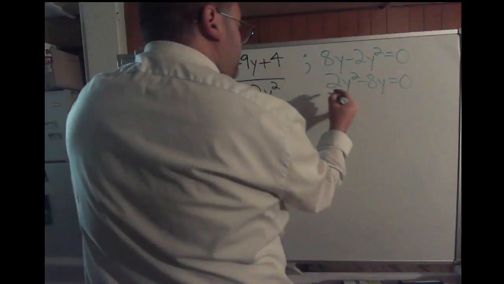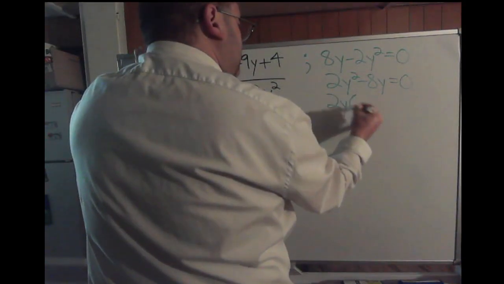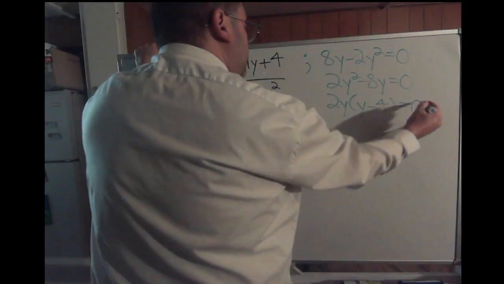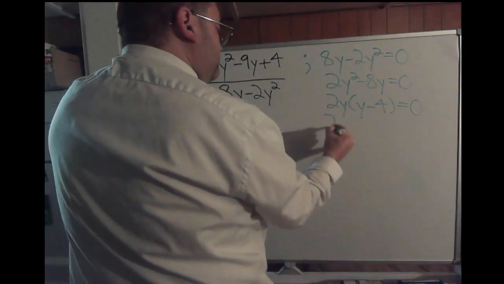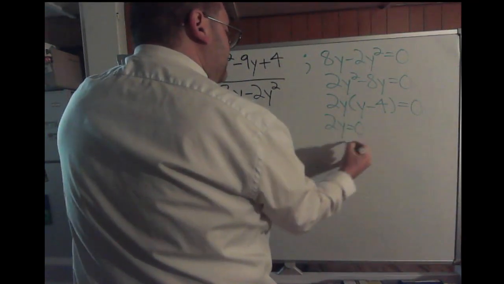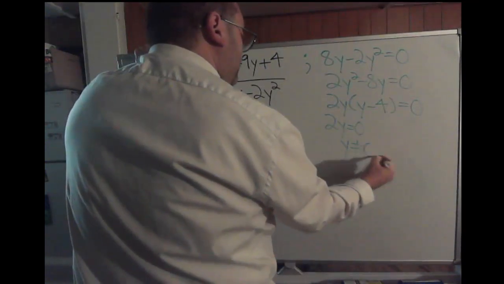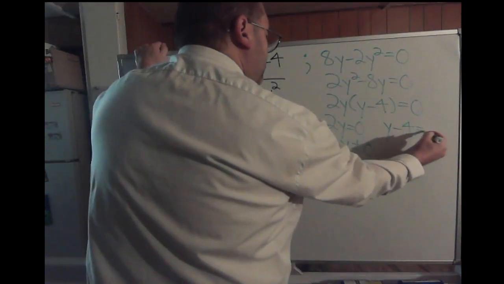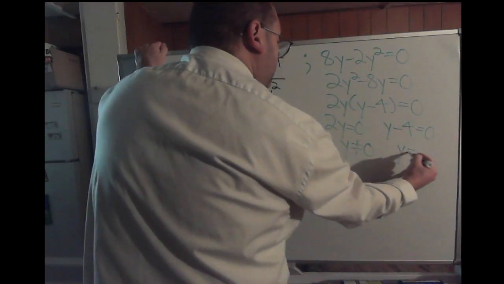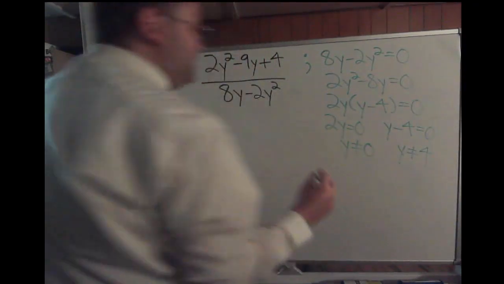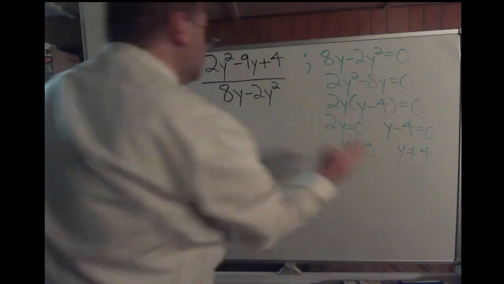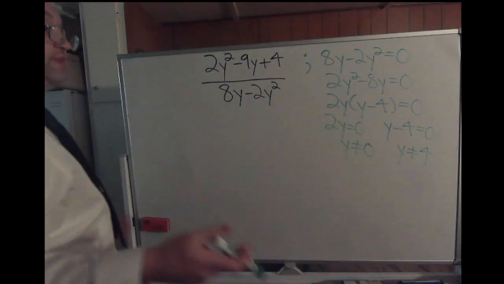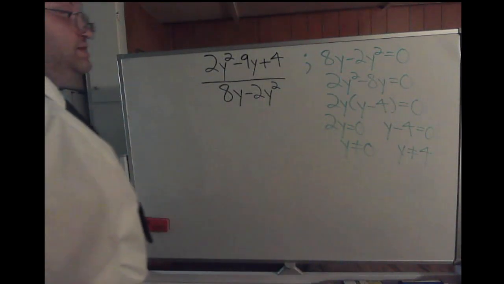So let's see, factor out a common 2y, that'd be times the quantity of y minus 4 equal to 0. Well, 2y equal to 0, that means y cannot equal 0. Then you have y minus 4 equal to 0. That means y cannot equal 4. So y cannot equal 0 or 4, because if it does, you end up having a 0 denominator, therefore rendering the expression undefined.